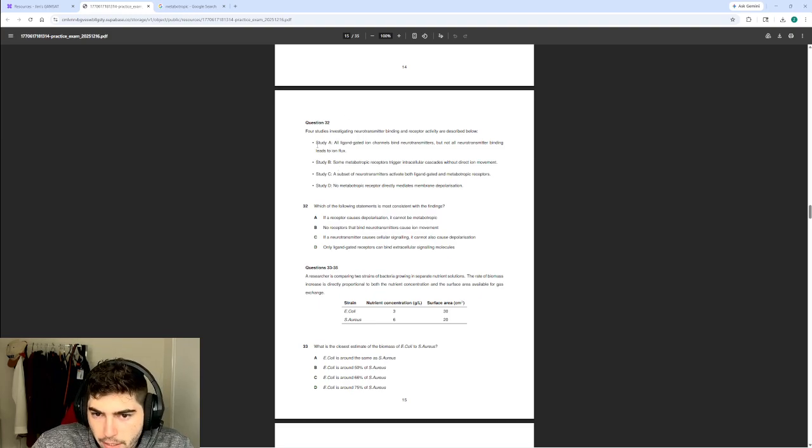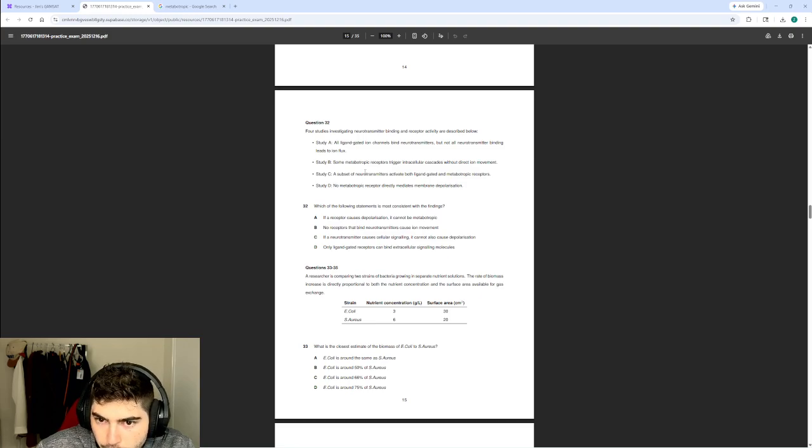Maybe I break each study down into a simple phrase of what it's actually saying. That might help. So let's look at study A. All ligand-gated ion channels bind neurotransmitters, but not all neurotransmitter binding leads to ion flux.